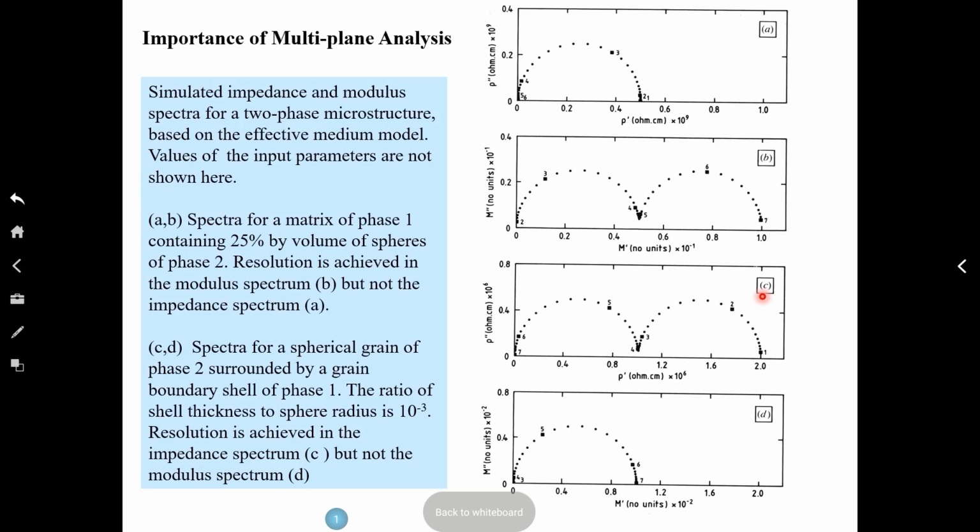If you're doing impedance plane work, you should check the modulus. If you're doing admittance plane work, you should check the capacitance plane. No, I'm sorry, the other way. Impedance plane plot, check with the modulus. If you're doing admittance, check in the capacitance plane plot, to see whether there are any additional differences.